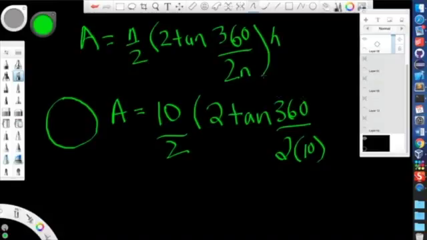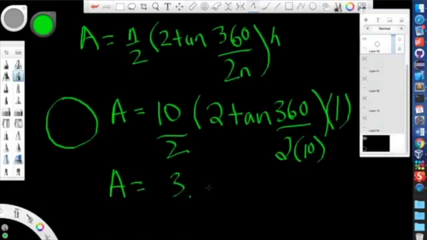We'll plug that in at the end, and times 1, which is h. Perfect. And this will actually equal, if we type it into our calculator, 3.249, and so on. So close, almost there. Let's see if we can get even closer.